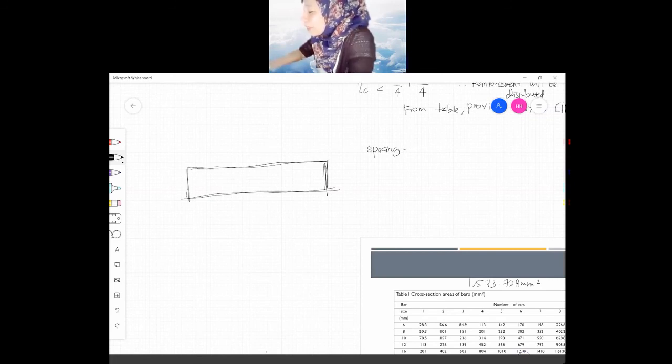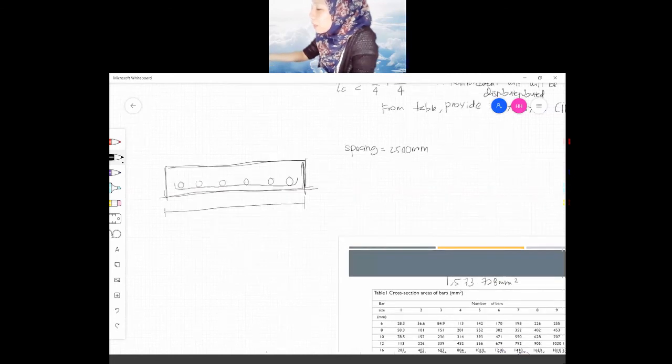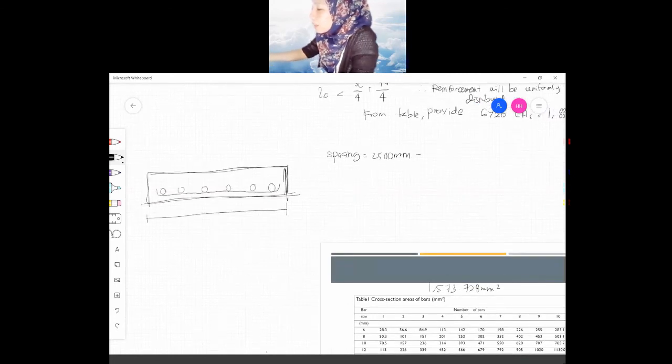Okay, since you know that bar ni sebenarnya kan dia cross each other. So each side tu ada bar ni. Okay. So the spacing should be, you know that this is like 2500 mm. Minus dengan, dia ada 6 numbers of bar, 6 darab 20 mm.